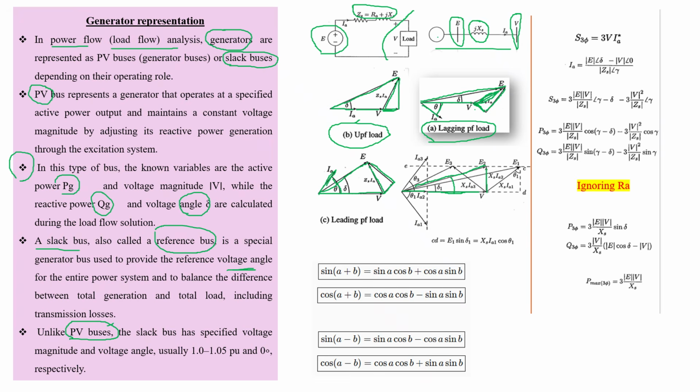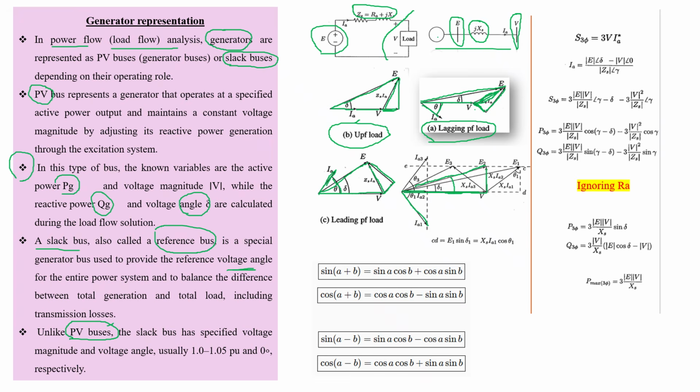In addition to that, if the load is connected at a lagging power factor, we have this terminal voltage, and our current is this IA1. Since the current is lagging the voltage, and we have only reactance by ignoring the resistance, the voltage drop due to the reactance at lagging power factor is as follows.